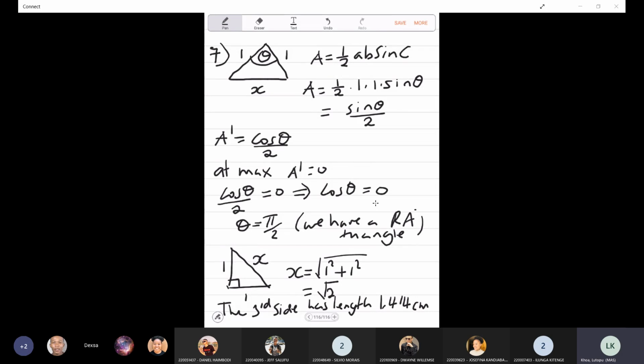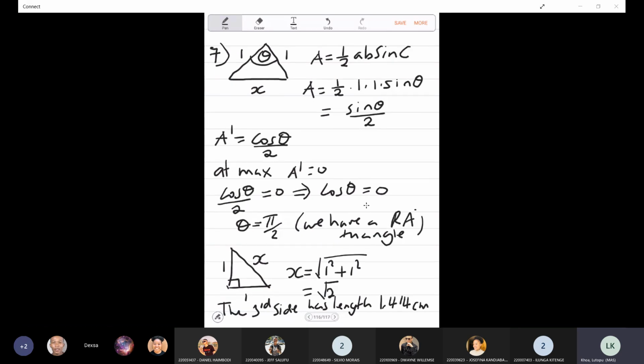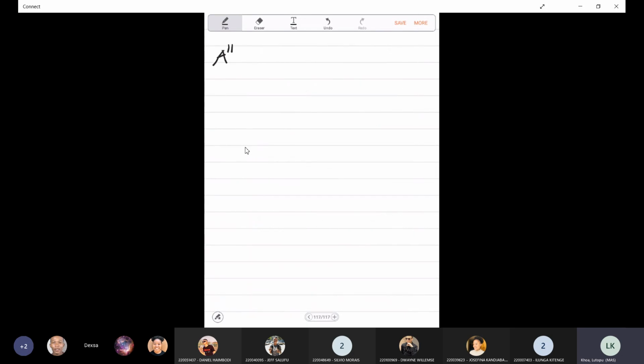Okay, we can also again test that this is the maximum. So let me just do it, because sometimes the testing goes for marks, so it's always good to show it. So A double prime would be the derivative of cos theta over 2, which is minus sine theta over 2.